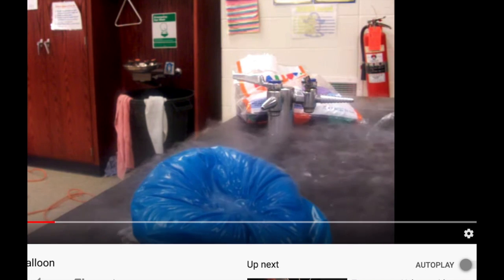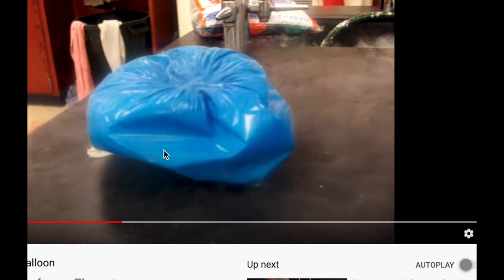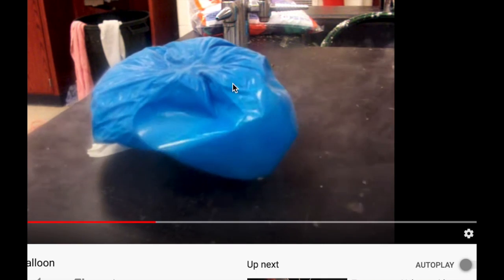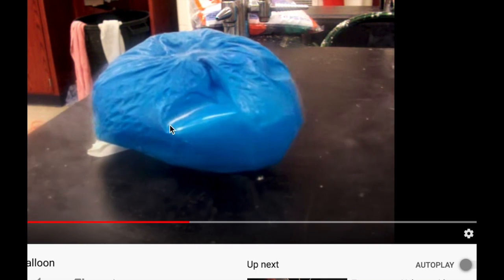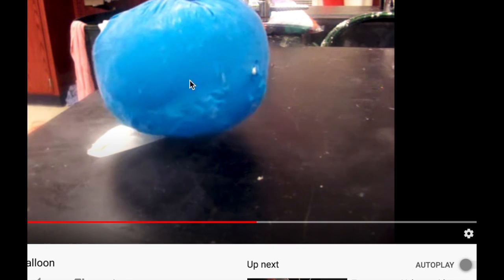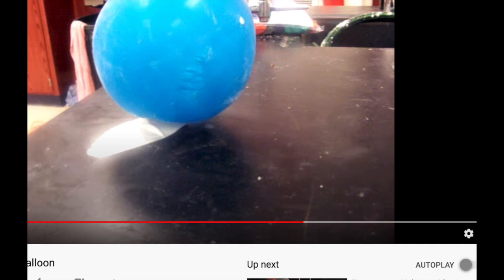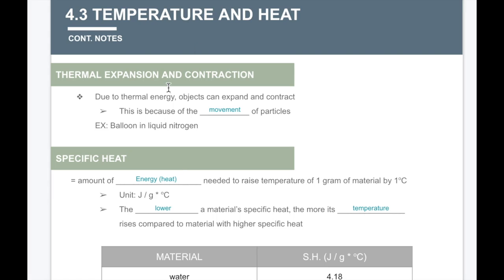As they let the balloon warm back up, it's going to start expanding because the air particles within are gaining more and more energy as they warm up, and they're expanding to fill out the balloon. That was both examples of thermal contraction and thermal expansion.